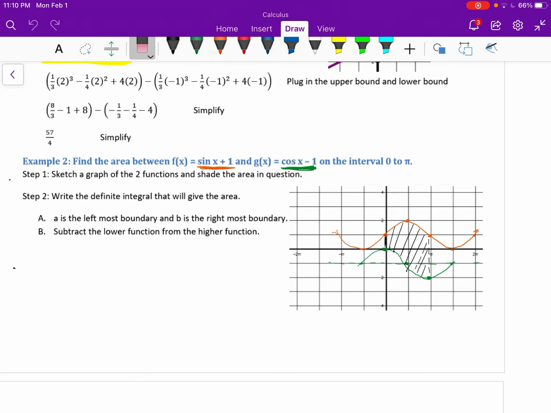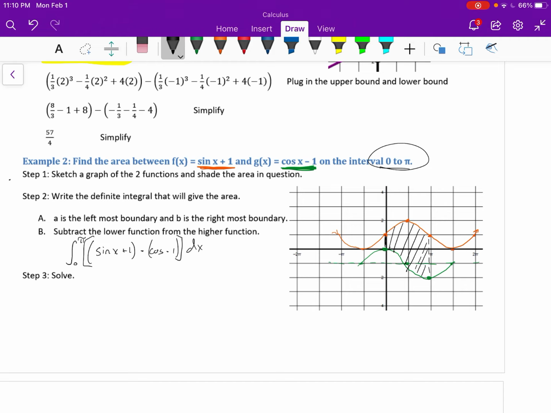And then we can write our definite integral. We were given the two limits of integration here, so let's write our integral. This will be the integral from 0 to pi of the higher one, which was sine of x plus 1, minus the lower one, which was cosine of x minus 1, dx.